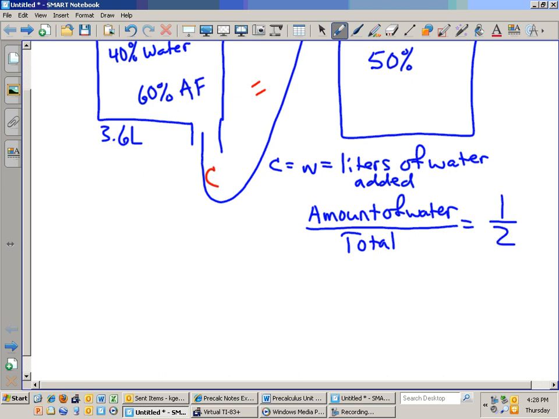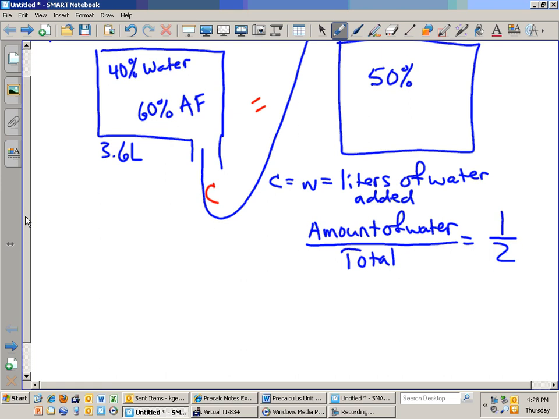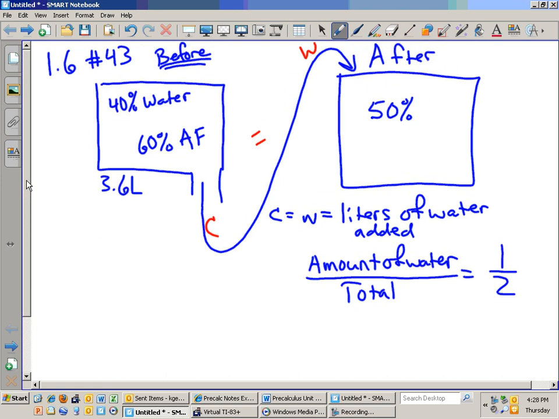So all I have to do is write an expression to model the amount of water in the radiator. Right now, the radiator is 40% filled with water. That means that 40% times its total amount of 3.6 liters is 1.44 liters of water.